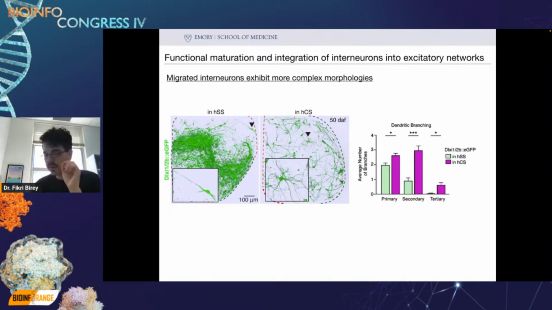And it's sort of a classical thing to look at if you're looking at the maturation of interneurons, that they go from this bipolar morphology to a more complex dendritic branching. And this is what we quantified first, and there was indeed a significant increase in the branch complexity of the interneurons that had migrated and then stopped.